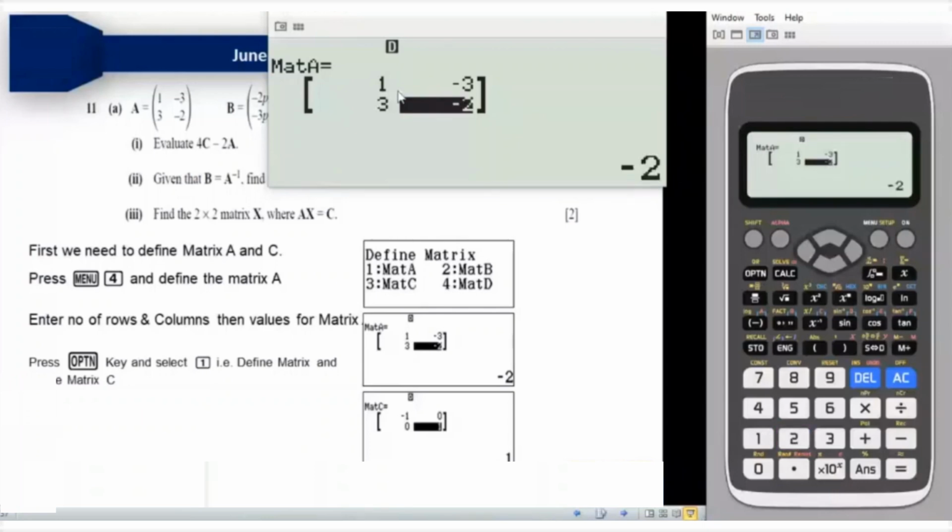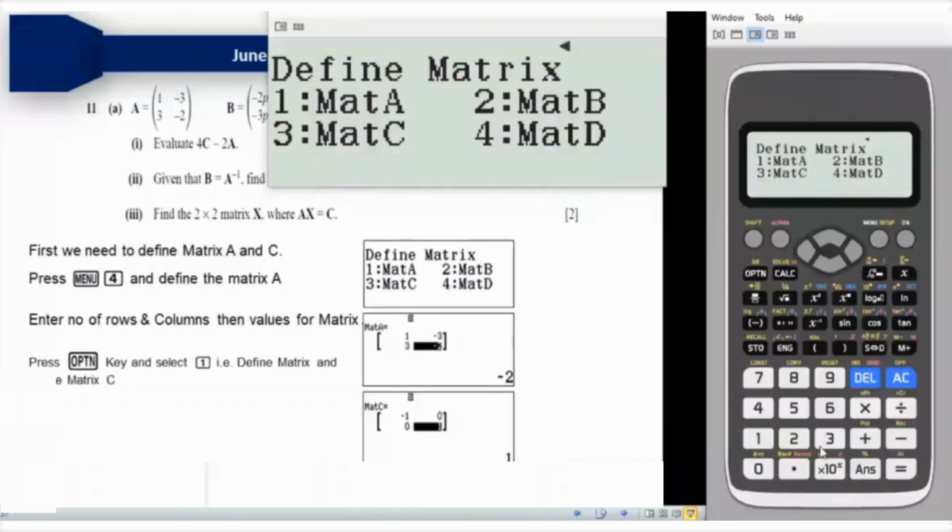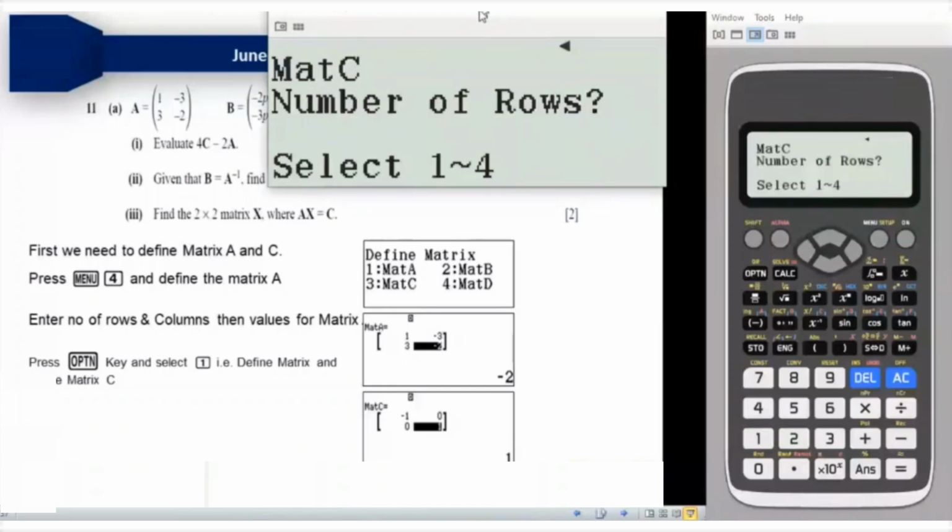Now I will define matrix C, because B cannot be defined, as B includes a variable. So matrix C is option 5. I first press 1, define matrix, and then I press 3, which is matrix C. Matrix C, if you observe, also has 2 rows and 2 columns.